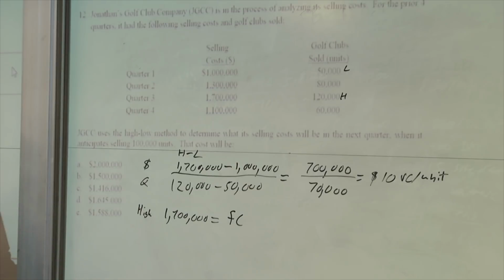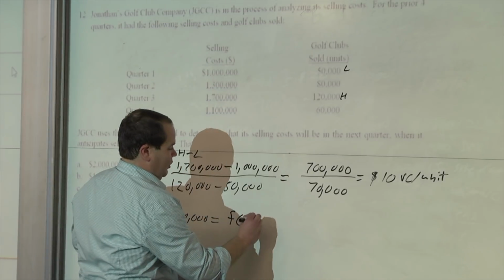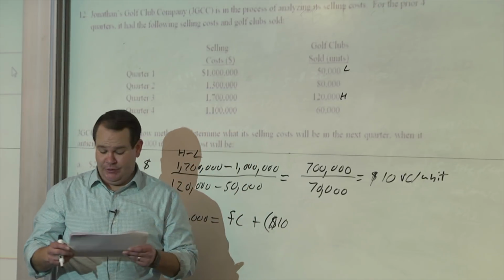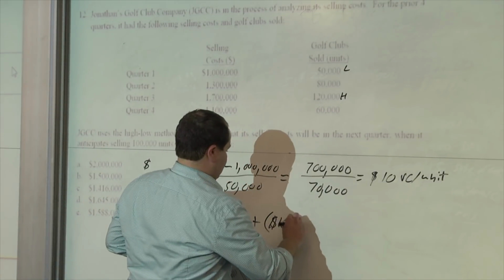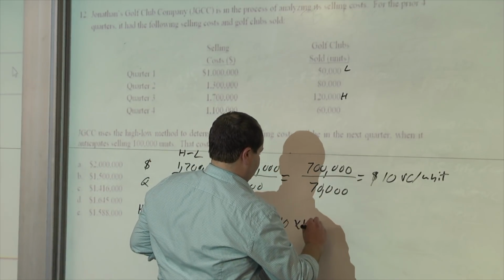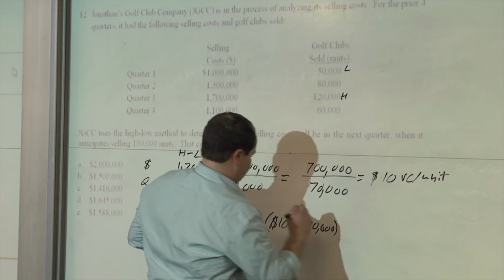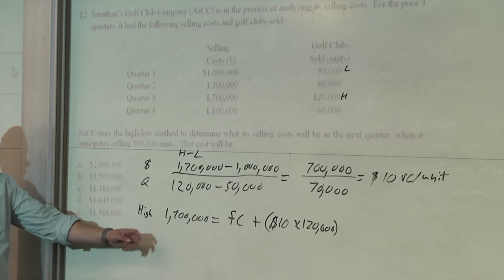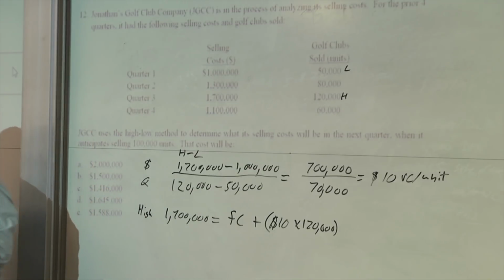So we're going to have to solve for that. Plus our variable costs, we just solved before, $10 per unit times how many units did they sell? 120,000.